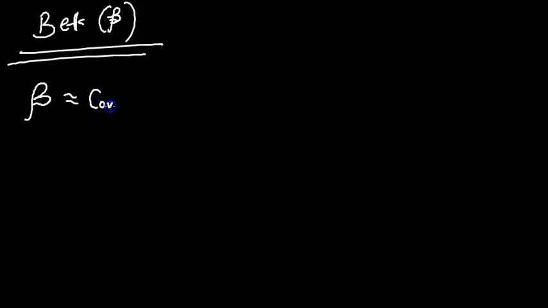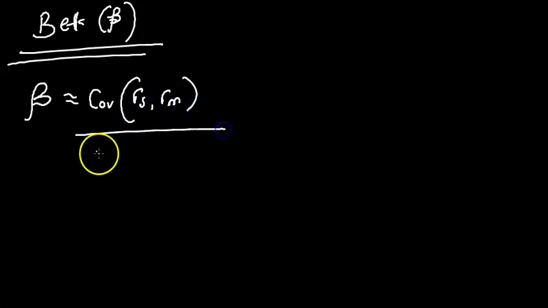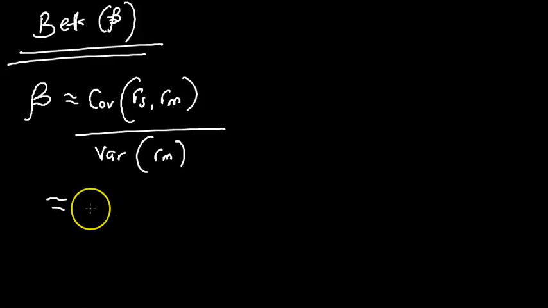This COV simply stands for covariance. So here we have Rs, comma, Rm, and I'm going to divide that by VAR into bracket of Rm.